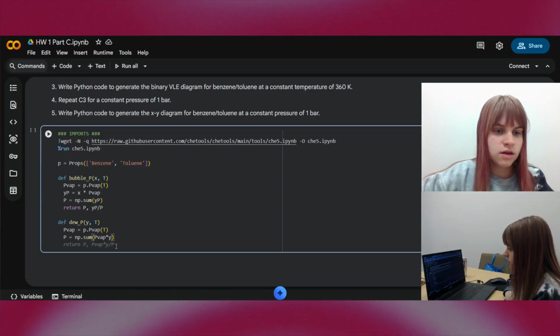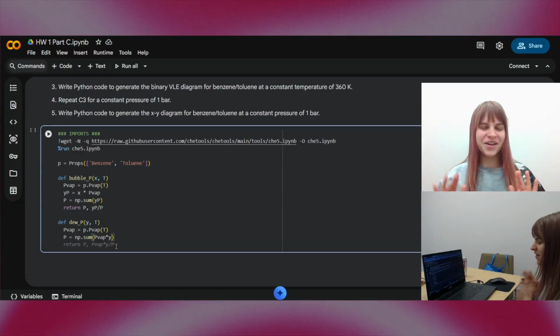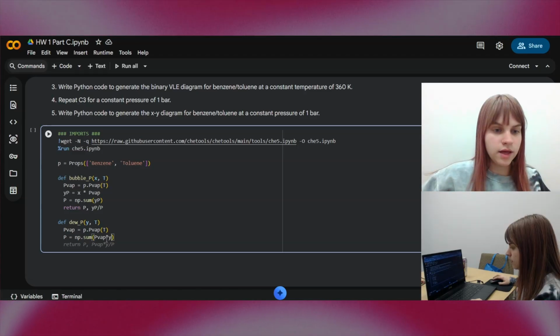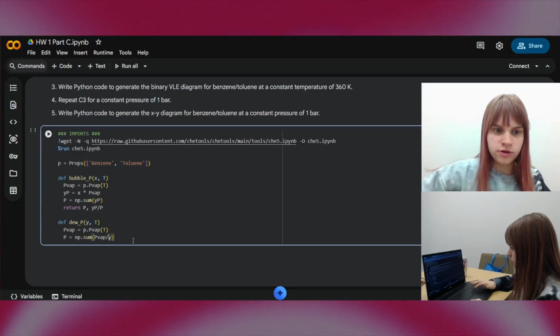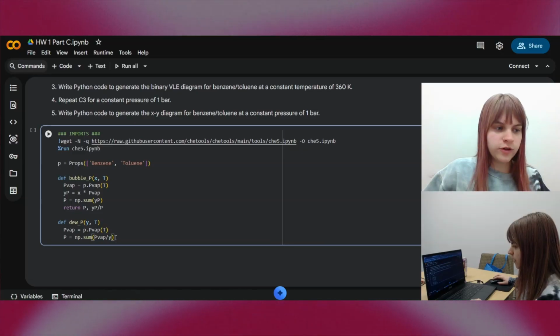I don't know why I keep saying vaporization pressure, I mean vapor pressure. And this should be the vapor mole fraction divided by the vapor pressure right there.